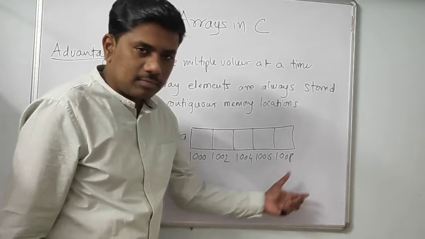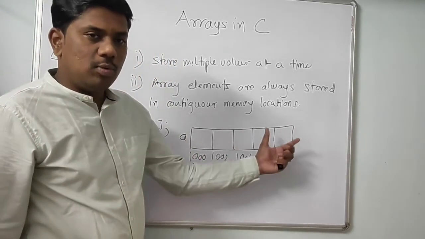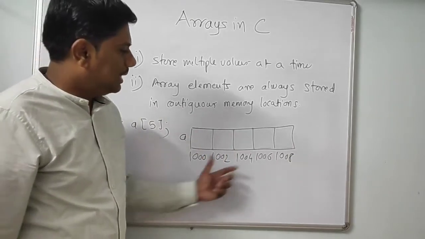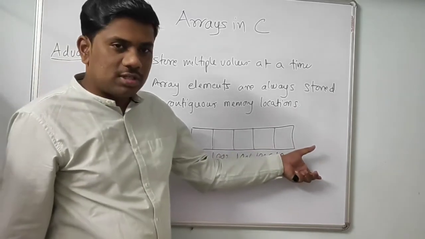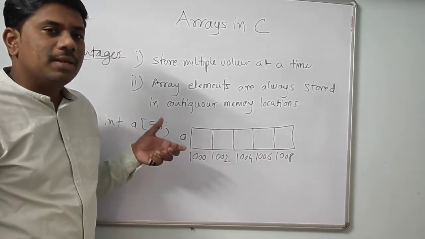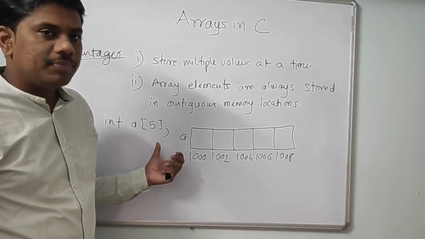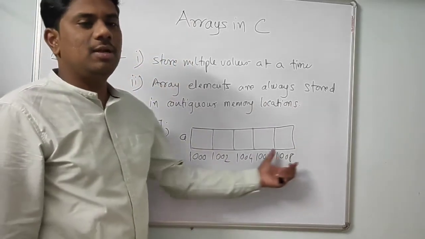How many blocks are there? 5 blocks. Each block carries 2 bytes, so 5 into 2, total 10 bytes. So total 5 continuous blocks will be allocated to your array by the compiler.